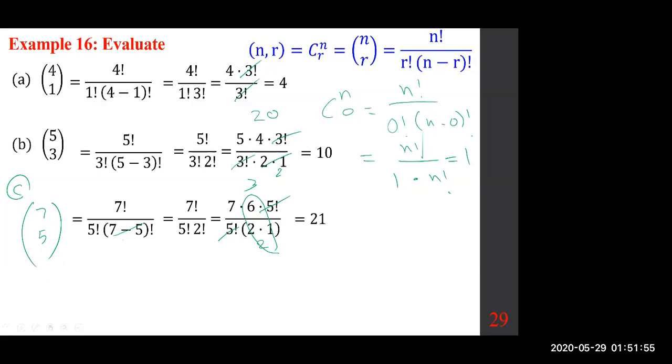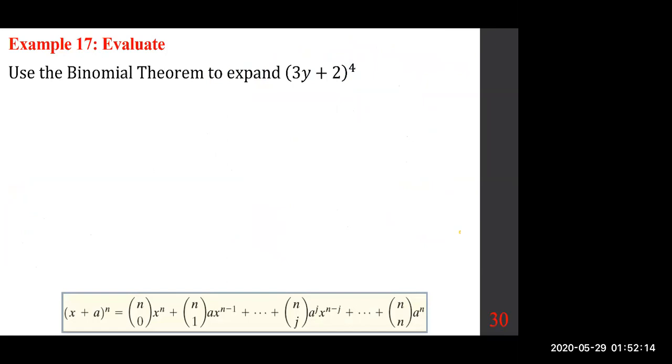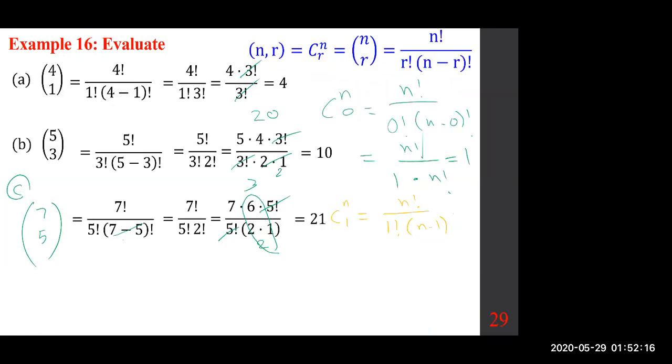Another one that is helpful, Cn1, that means n factorial over 1 factorial times n minus 1 factorial. Okay, so 1 factorial is 1, so you don't have to worry about it.